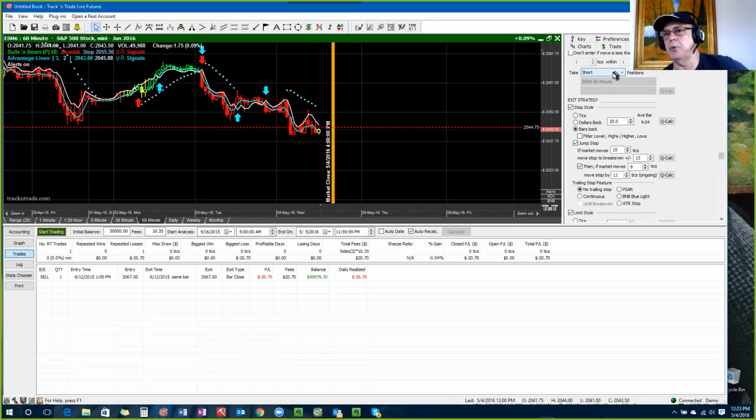Take short positions. Now, think about it for a second. If it's already bearish with a red bulls and bears, would you not have to get a green bulls and bears buy before you would get another bulls and bears sell?